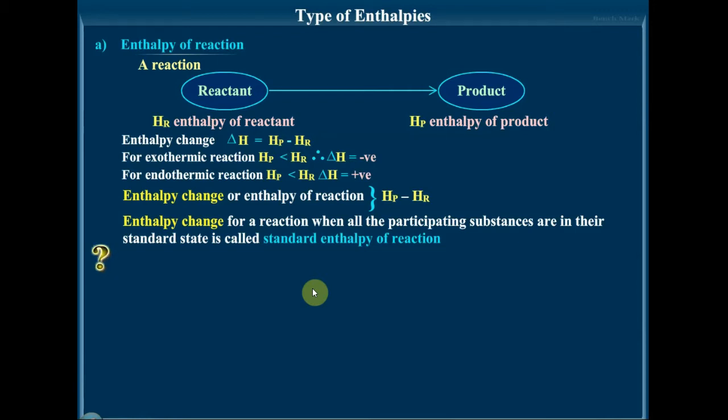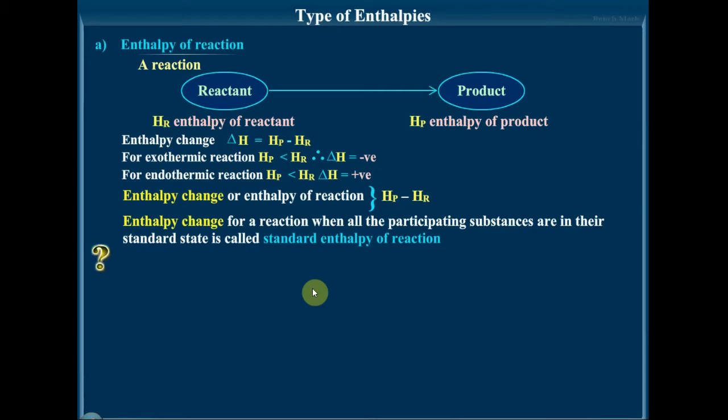Now, what is the meaning of standard state conditions as written here? The standard state of a substance at a specified temperature is its pure form at 1 bar pressure. For example, the standard state of ethanol at 298 Kelvin is pure liquid ethanol at 1 bar. The standard state of iron at 500 Kelvin is solid pure iron at 1 bar.